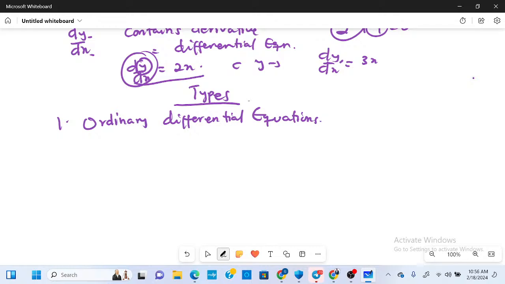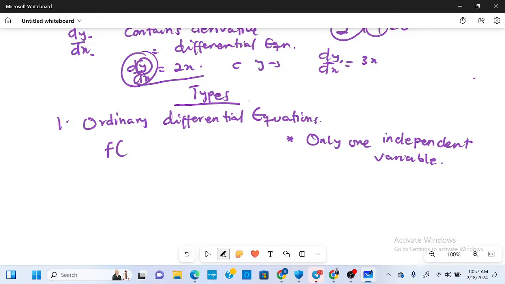Now, when we say ordinary differential equations, these are types of differential equations which involve a function of only one independent variable. So you can say that an ordinary differential equation is a type of equation which involves the derivative of a function of only one variable.